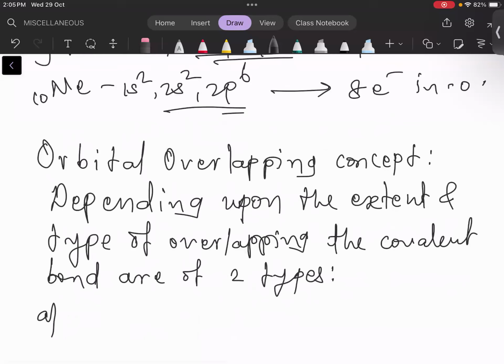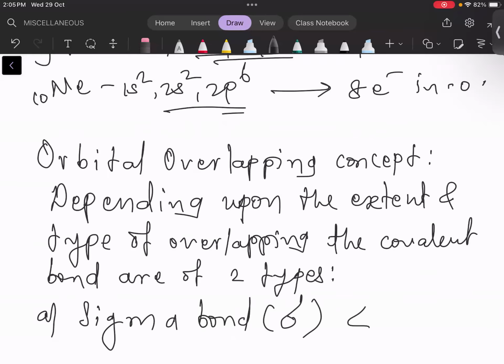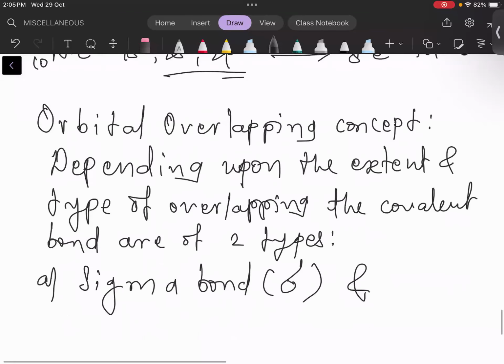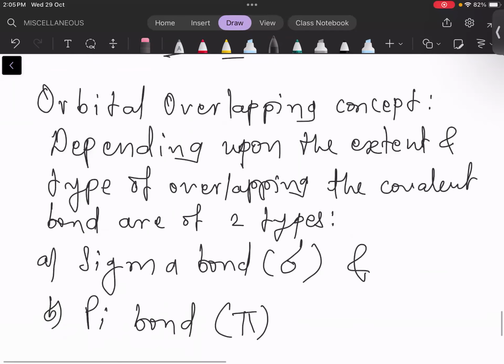First, sigma bond, symbol is like this, and second one is pi bond, symbol is like this, right?